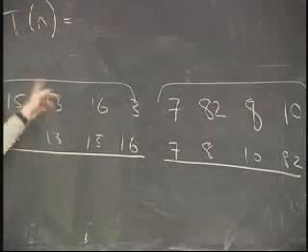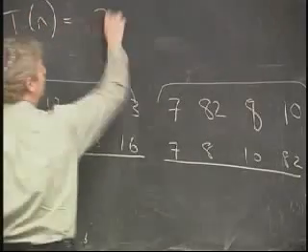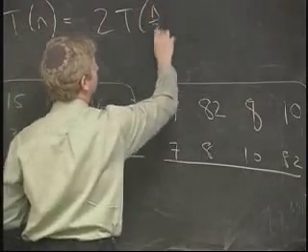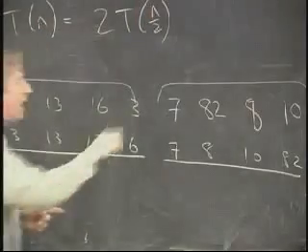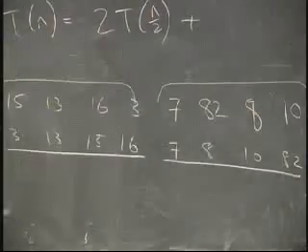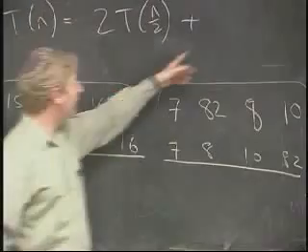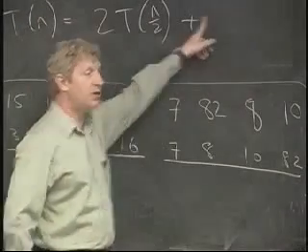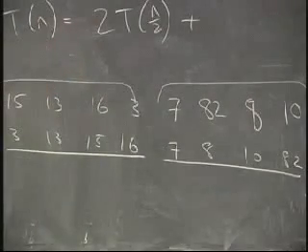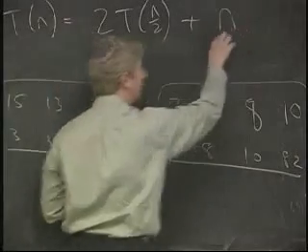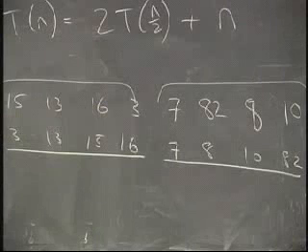The time it's going to take to do this algorithm is the time it's going to take to do it on 2 problems of half the size, plus something to do the gluing. Well, you should have a nice command of recurrence equations to know that if I put n squared in here, the overall complexity is going to end up being n squared and not n log n. But if I get n here, or something proportional to n, then this recurrence equation is going to end up being solved by n log n.